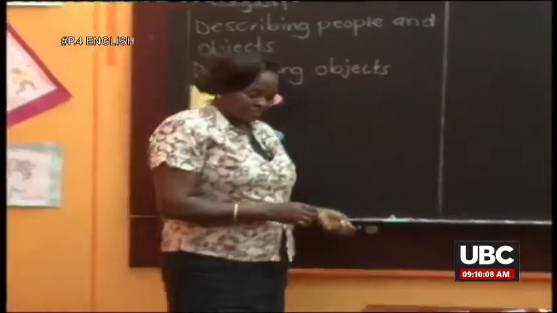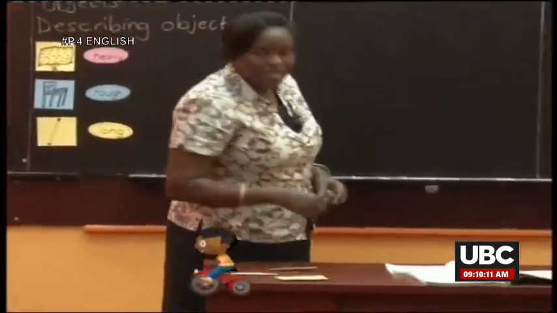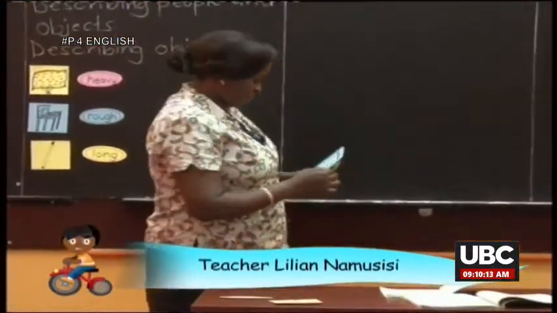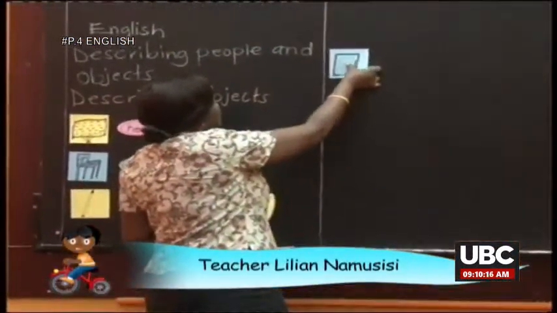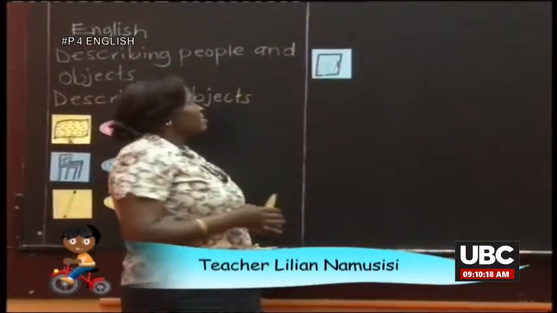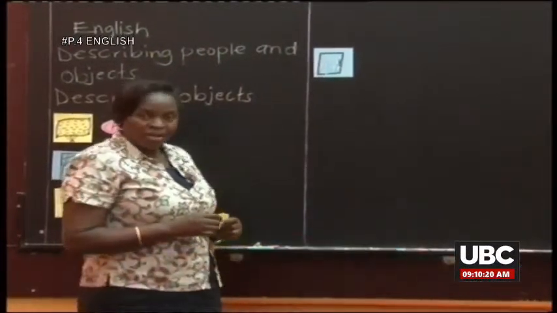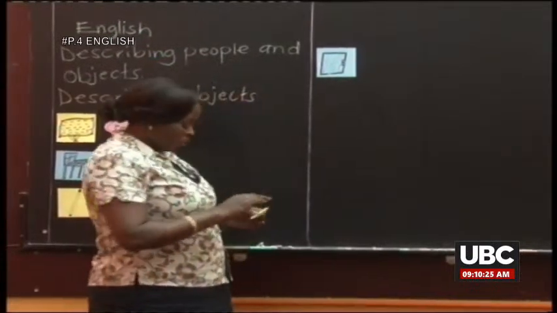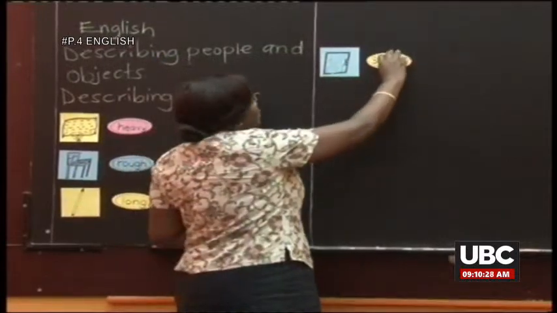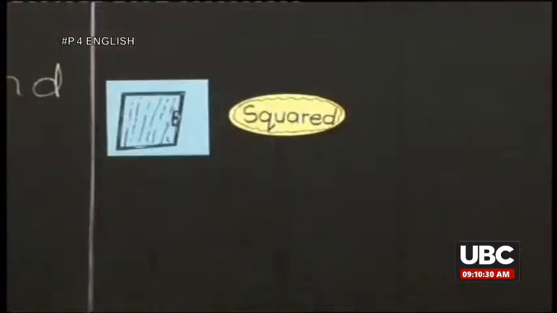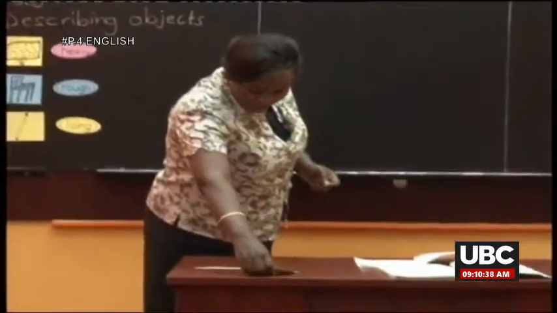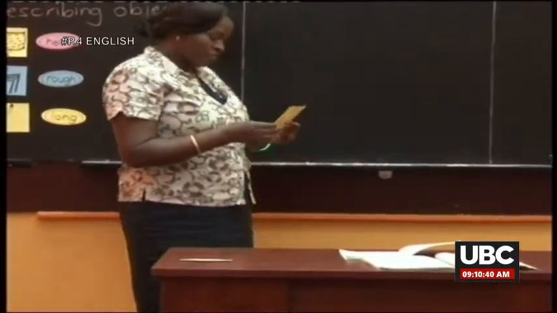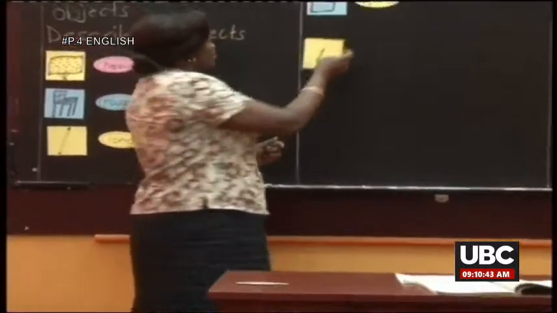Let's continue. I have another object here, which is a door. Now we are looking at the shape. If it's a door, what type of door is that? We are going to call it a squared door. The shape, it is a squared door. We are describing it. I also have something here.